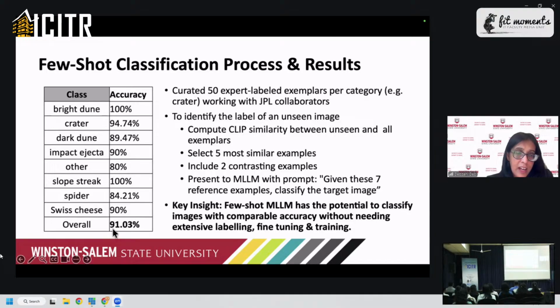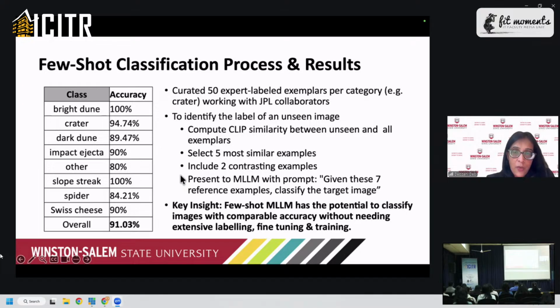And as you can see, the accuracy is now much better and almost comparable to the CNN accuracy that the researchers received in their previous study. For some classes it is 100% accurate, like bright dune or crater. On the other hand, for some of them, the system is a little bit confused.